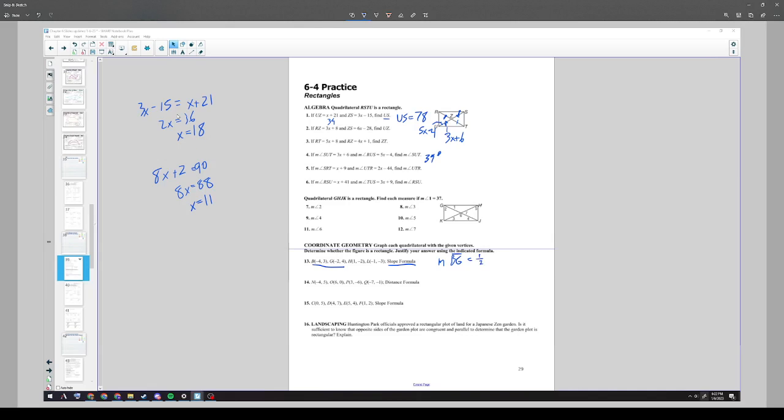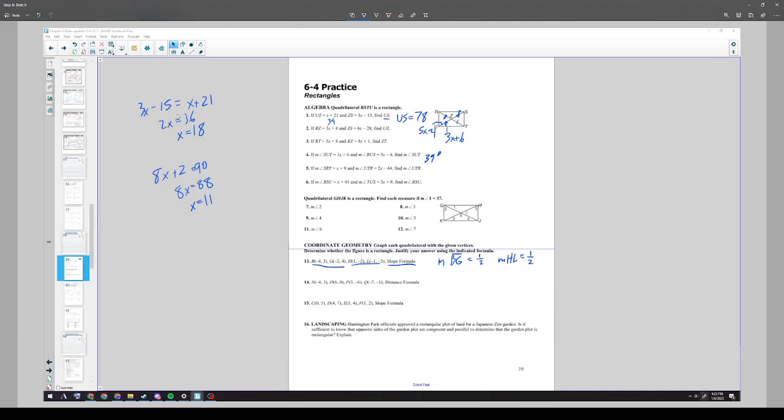Then the opposite side from that, HL: we go minus 1 on y and minus 2 on x, so that's also a half, negative 1 over negative 2. So those two are parallel.